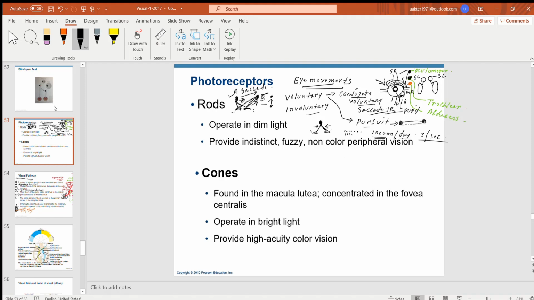And if a cranial nerve lesion or cranial nerve damage occurs, then what do we see? We see paralysis of the eye muscles.